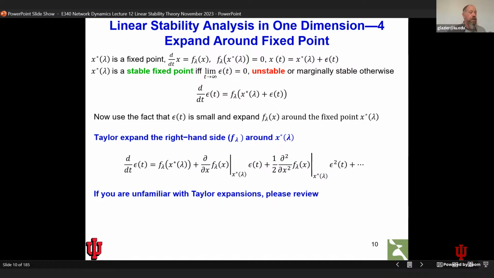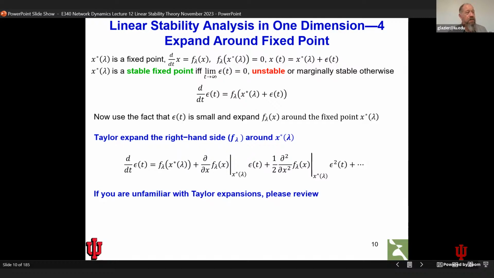But it has a nice form, which is that if f is a continuous differentiable function of x plus some small perturbation, I can write f of x plus a small perturbation in the form of f of x plus something that depends on the perturbation. You can ignore the d by dt of epsilon because that is not a Taylor expansion. We're just expanding the right-hand side.